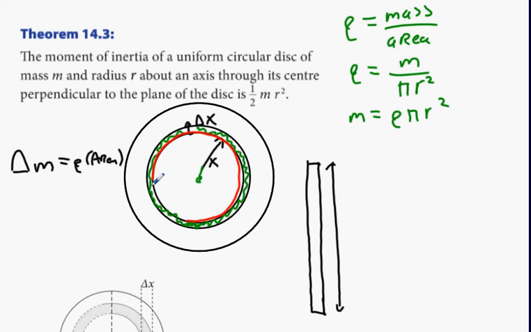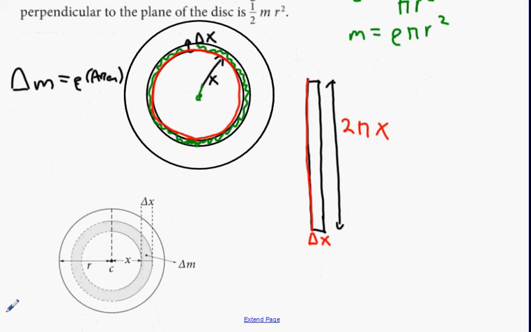That would be this side here, which is interpreted as being the same as the outer black ring. So it's 2 pi x, i.e. the circumference of a circle. This width here is delta x. Now we're in business, and all that malarkey there is just the same thing.